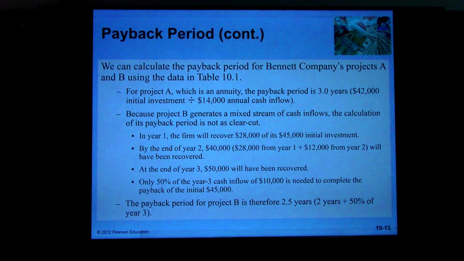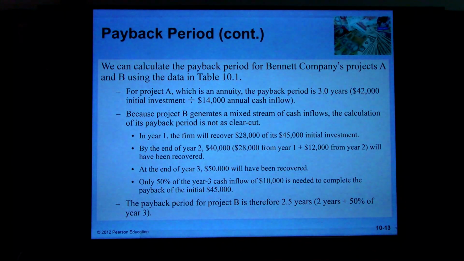In this case, our payback is 3 years. Please note we use this method if the annual cash inflow is constant. Right, in project A, every year we have 14,000 US dollars.